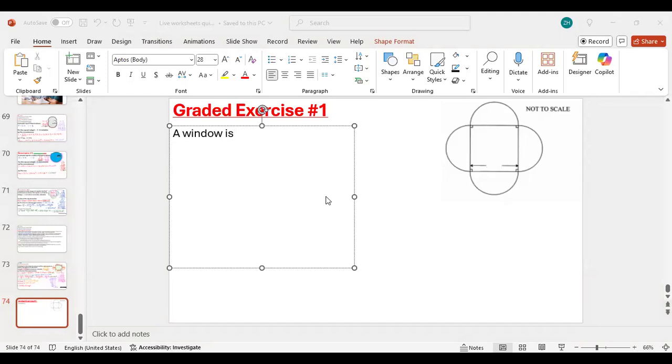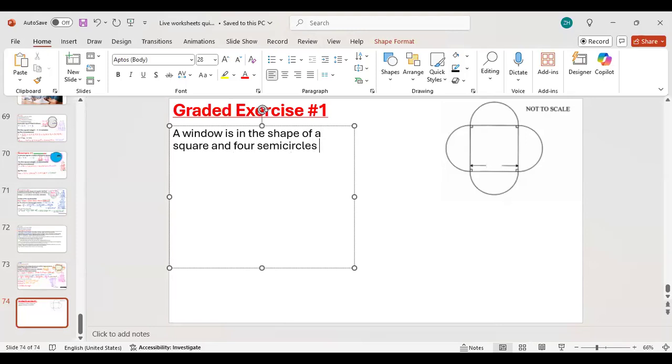So a window is in the shape of a square and four semicircles as shown.